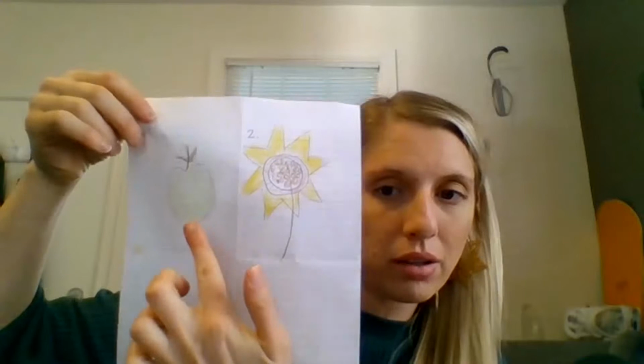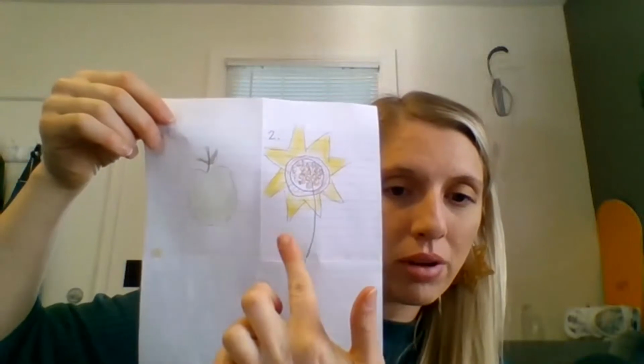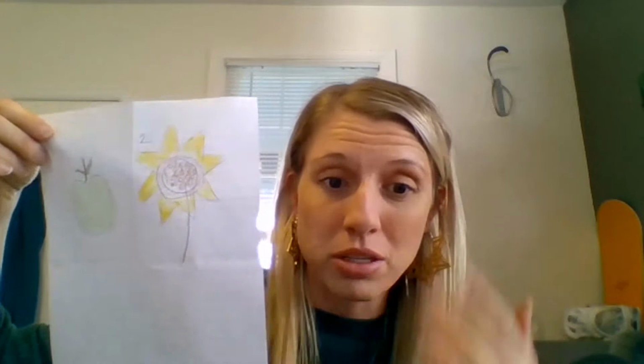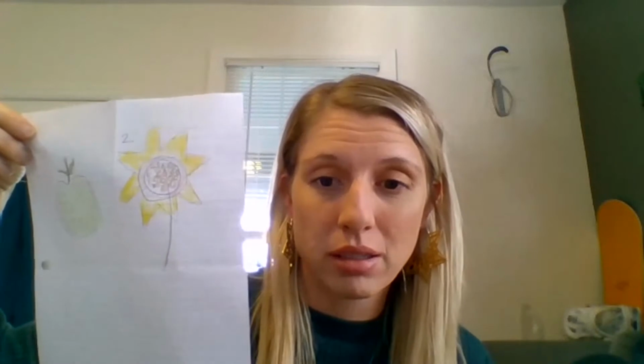Apple, and then I visualized a sunflower. What flower did you visualize? And what flower did you draw from the mental image you played in your mind? When I say mental, I mean in your mind, in your brain.